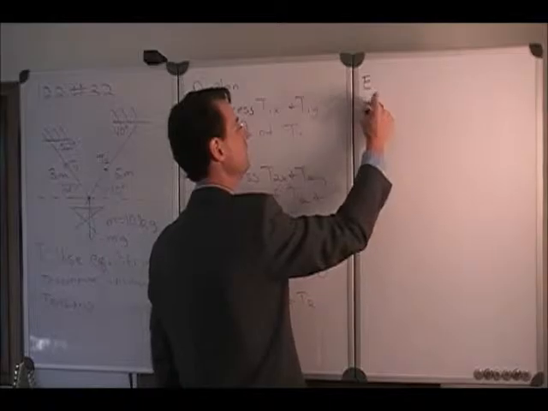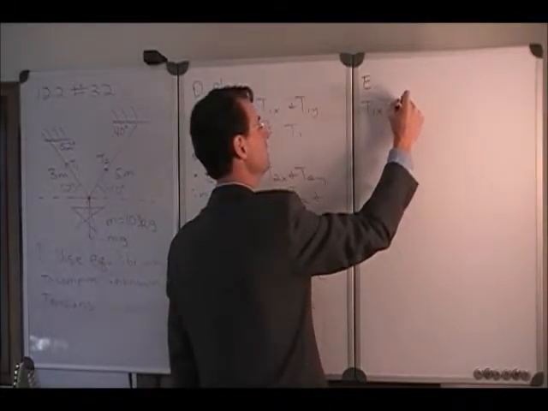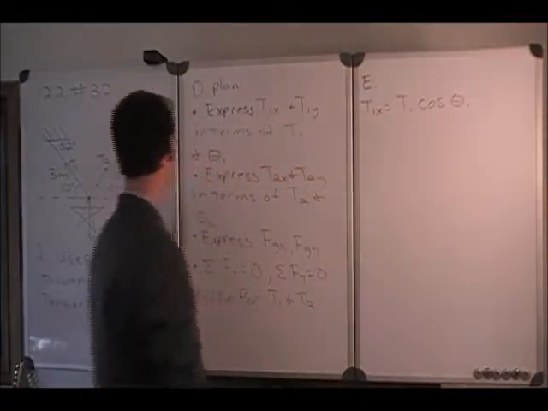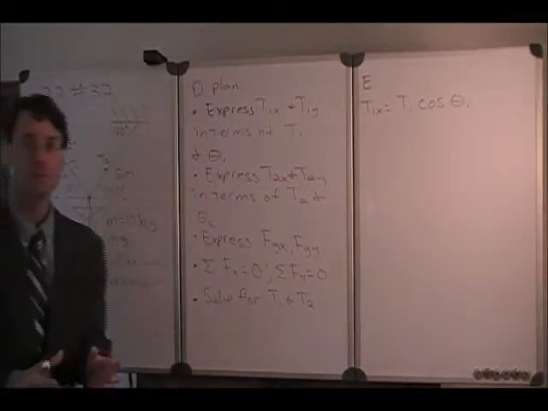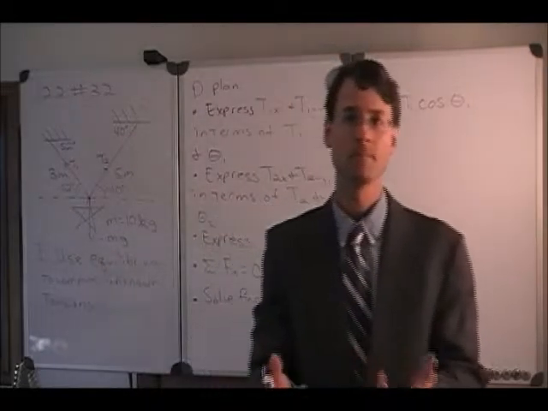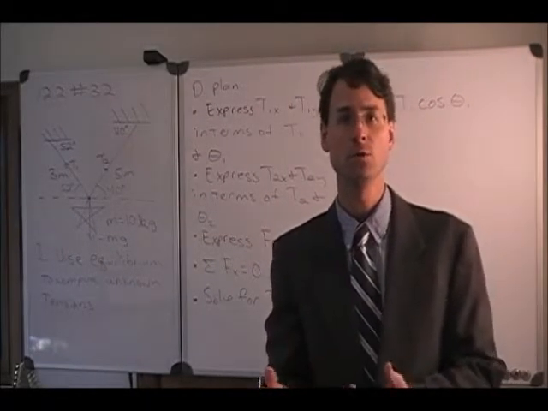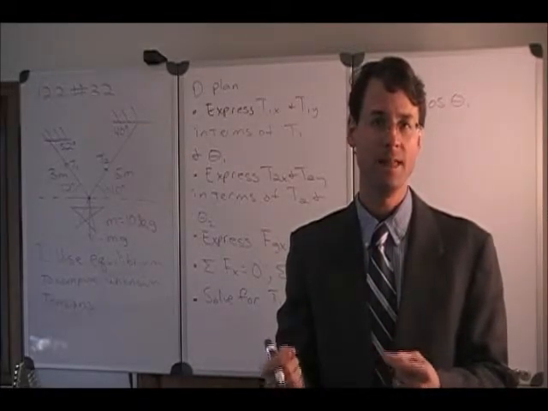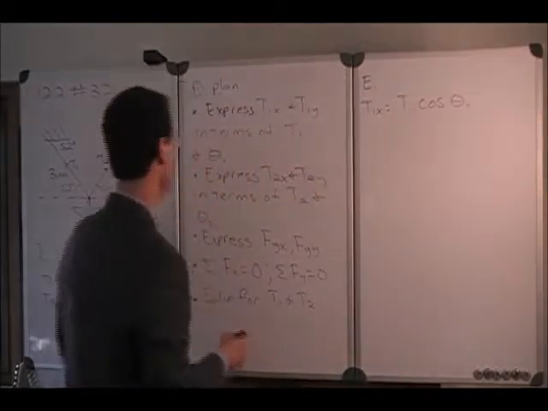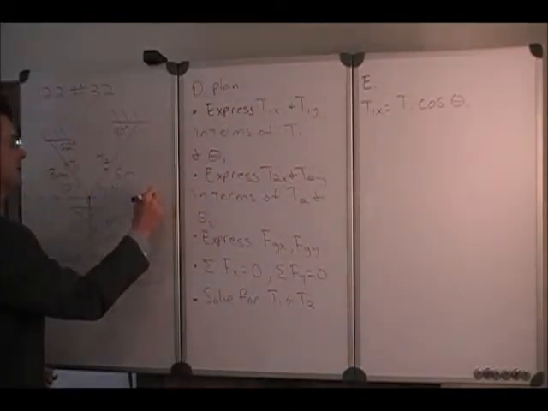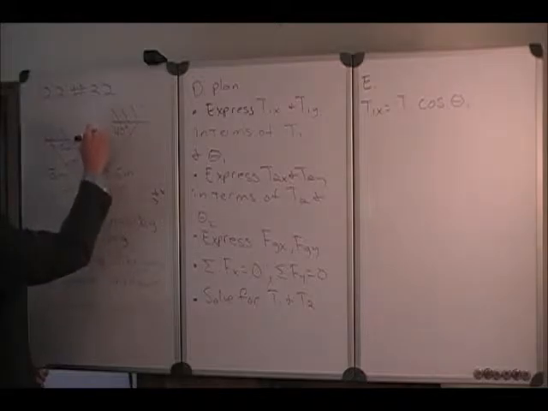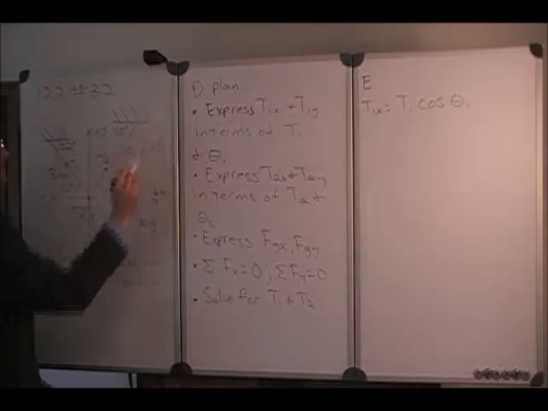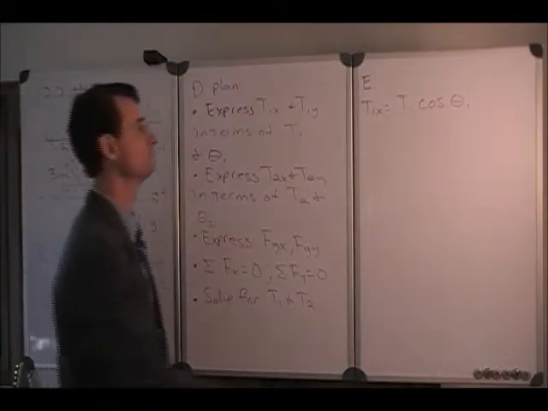So T1x is equal to T1 times the cosine of theta 1. And here we want to be careful because when using certain techniques to compute the components of a vector, you always want to measure that angle with respect to the positive x-axis. So if this is the plus x-axis and this is the y-axis, then theta 1 is the 40 degrees.